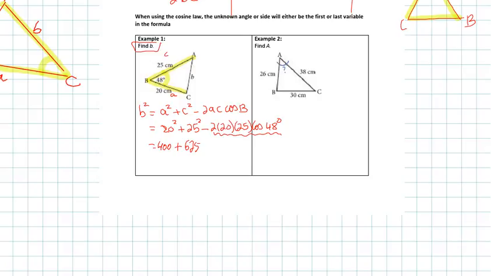Can you guys do 2 times 20 times 25 times cosine 48? Minus 669.12.